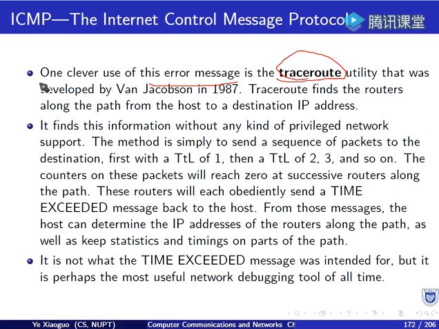This utility was developed by Van Jacobson in 1987. Traceroute finds the routers along the path from the host to a destination IP address. How does the traceroute utility do it? It finds this information without any kind of privileged network support.